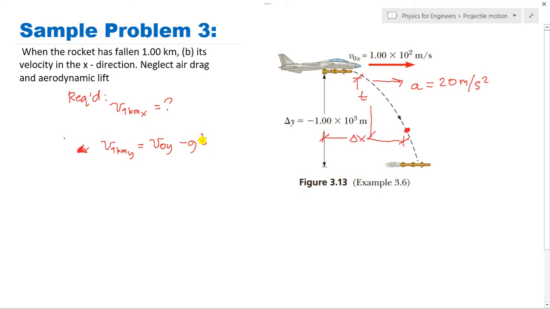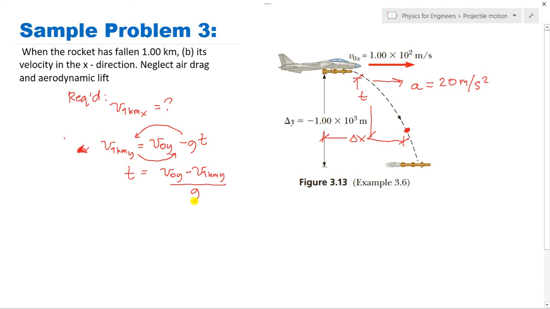So therefore, we can now solve for the time. Now, our time here is t, transpose lang ito, tapos transpose lang ito dito sa part. So therefore, our time here is equal to voy minus v at 1 kilometer along y, all over g.